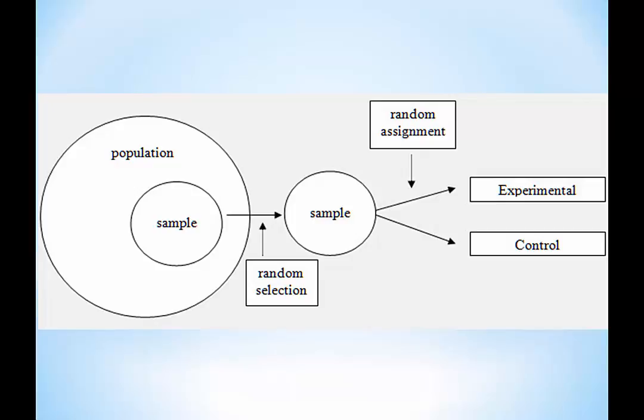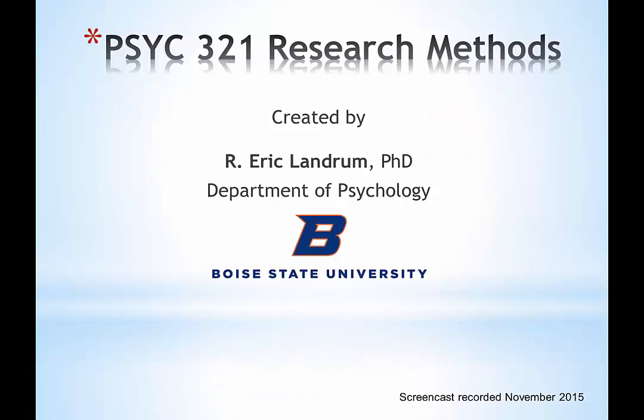So we want that to be random, and we could use some of the same techniques: a random number generator, or pulling names from the smaller hat now. We could use matching, we could use blocking, we can use pure randomization. It might work depending on the sample size. So some of the techniques might be similar, but the process is different because it happens at a different point along the way. All right, that's it for populations and samples in our research methods course.